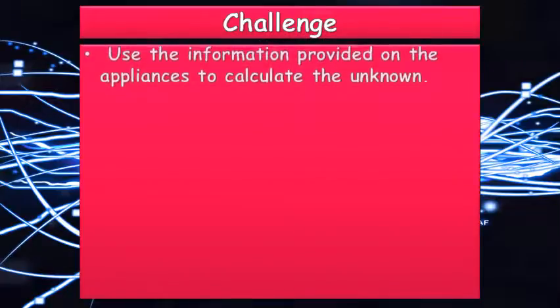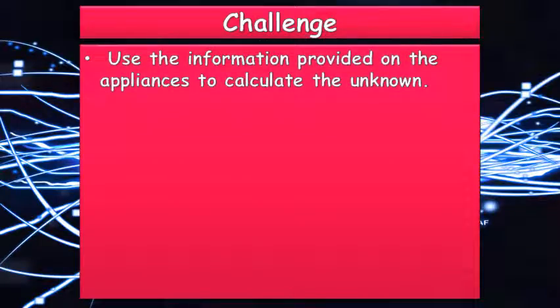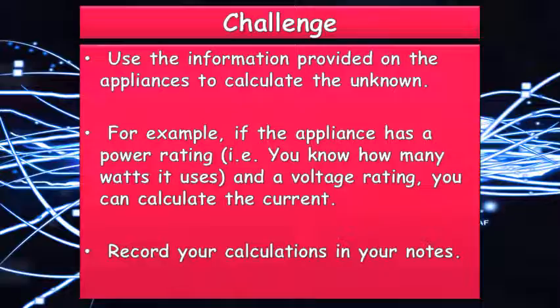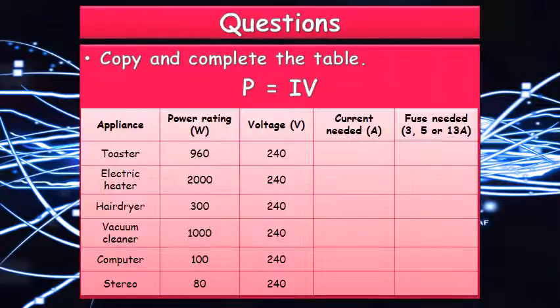So here's your challenge. Use the information provided on the appliances to calculate the unknown. For example, if an appliance has a power rating, you know how many watts it uses, and a voltage rating, you can calculate the current. You can record these calculations in your notes. Here's a table to complete in your own time.